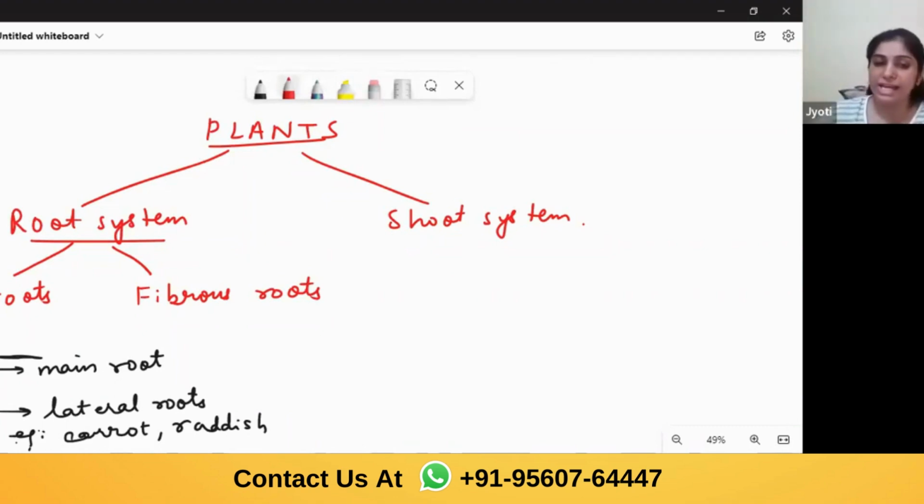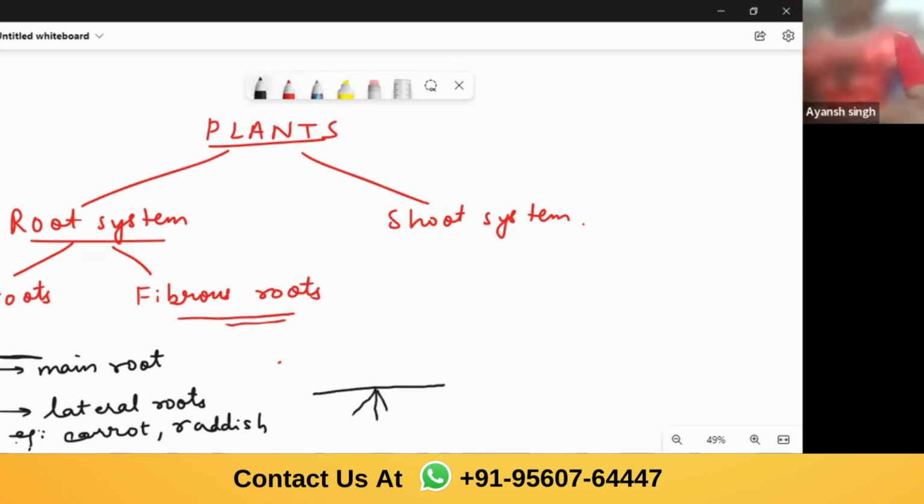Fiber-like roots come out from the main root, that is the lateral root. Coming now to fibrous roots. Fibrous roots: this is the level of the soil and the fiber-like roots come out from this and spread under the soil.